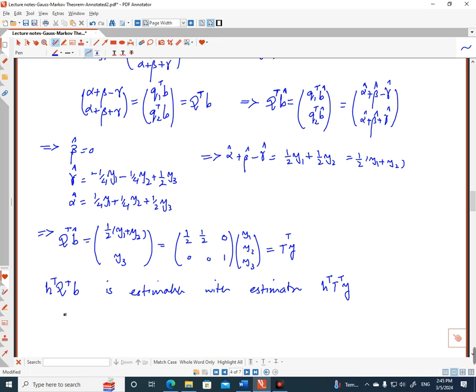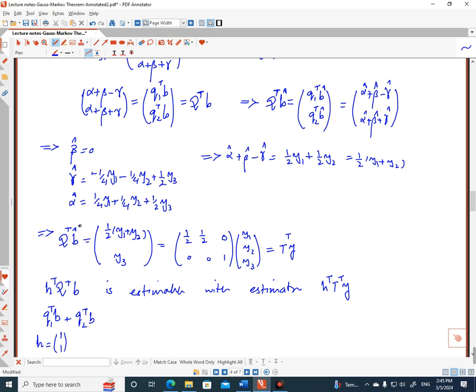Let's look at H prime Q prime B and suppose that it is the sum of the two elements Q1 prime B plus Q2 prime B. For a moment, suppose H is given by the column vector 1 1.